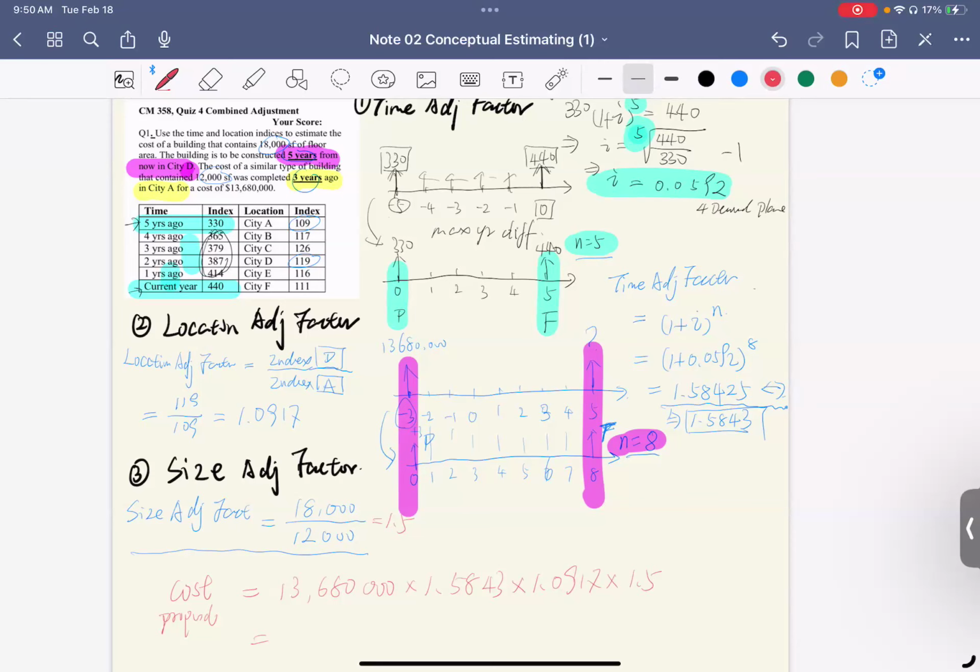So getting your cost over here, I got 35,495,468. You get a final number.